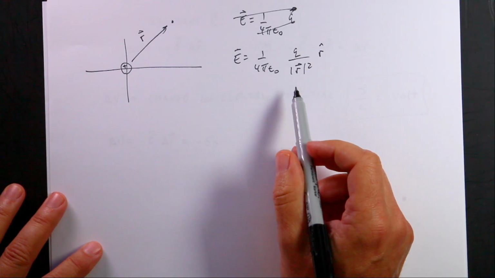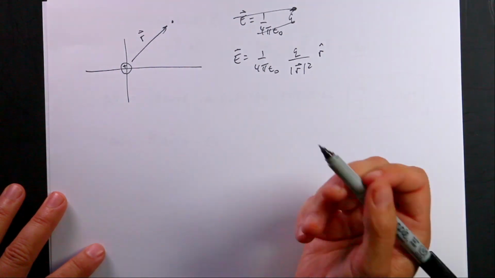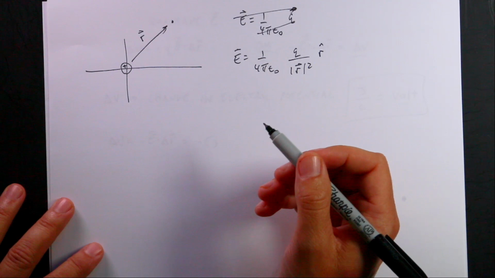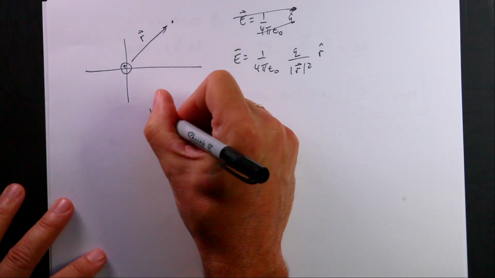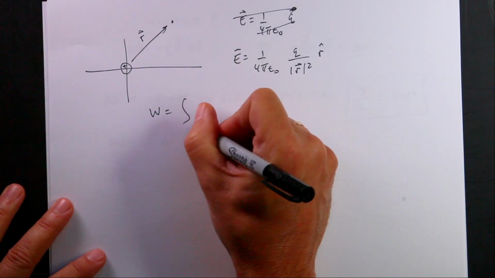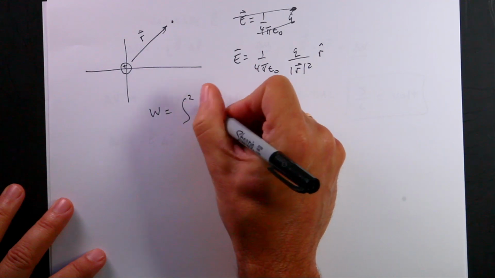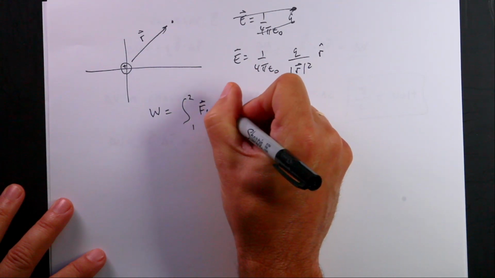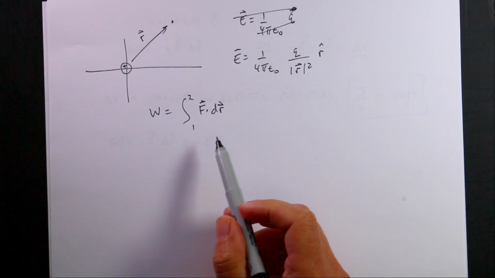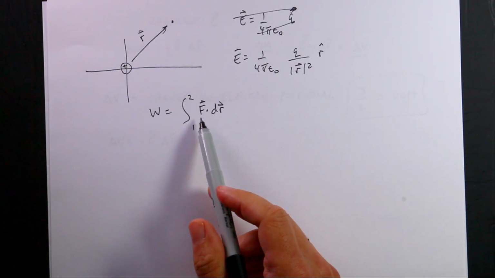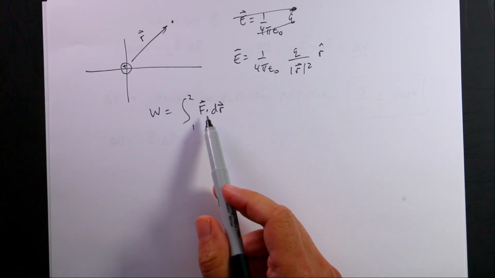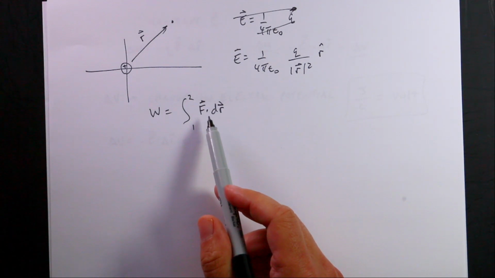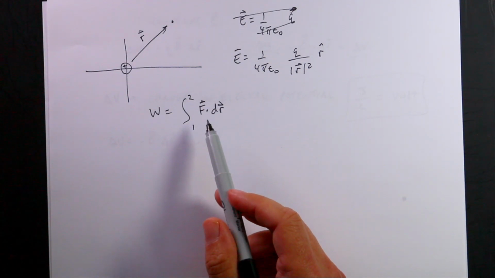Now, what if I want to find the work done by this? How do you find the work done by a non-constant force? In general, work is the integral from point 1 to point 2 of F dot dr. This assumes that the force can change, and so what we're doing is breaking this into tiny little pieces over which the force would be constant and doing the dot product and then adding up all those little pieces.